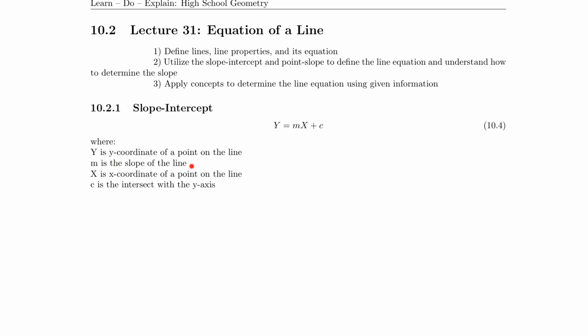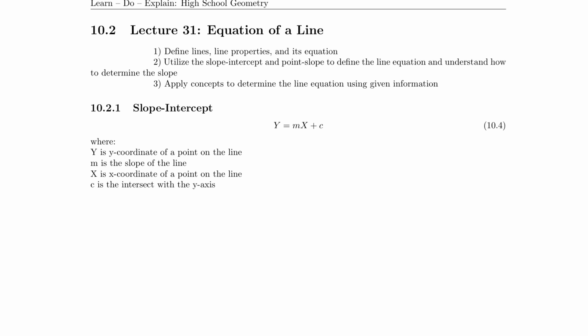X is the x coordinate of the same point in that line. This x is connected to this y. Y will be the y coordinate of the point, and x the x coordinate of this same point. And finally, c is the intercept with the y axis. So this will be the intercept of this line with the y axis.